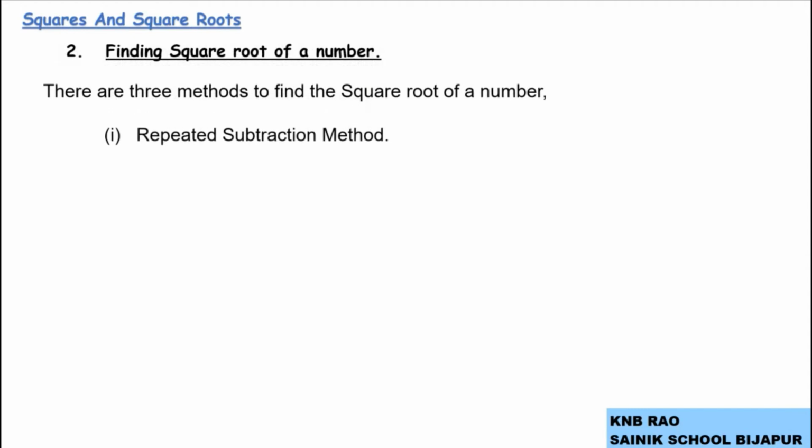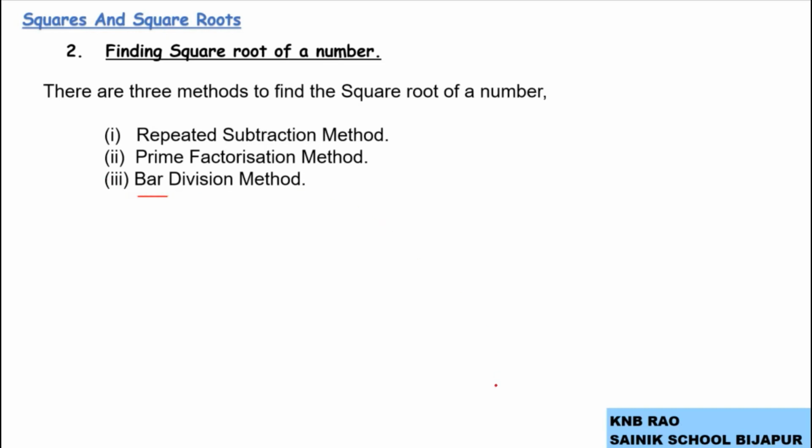First method is the repeated subtraction method, which we are going to learn today. Next method is the prime factorization method. We will be learning it in our future sessions. Third method is the bar division method, a very important method.